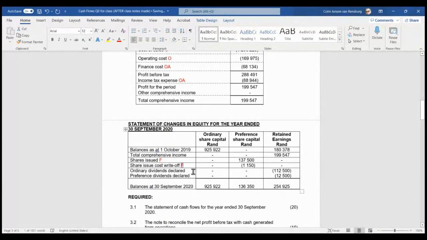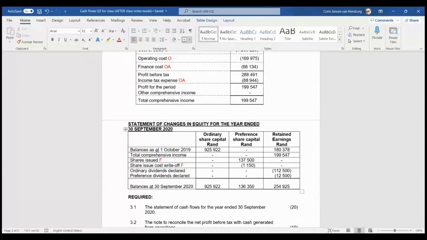Our next line item, ordinary dividends declared. Now, you remember we said last week that that is closely related to the cash flow that we call, in our statement of cash flow, ordinary dividends paid, right? So it has a close relationship with that.